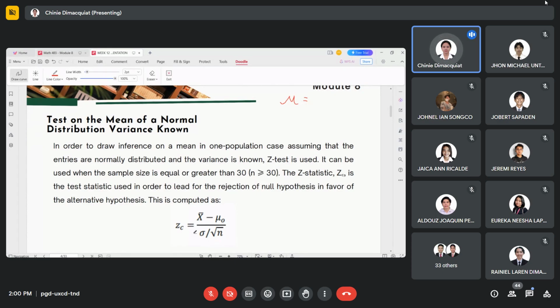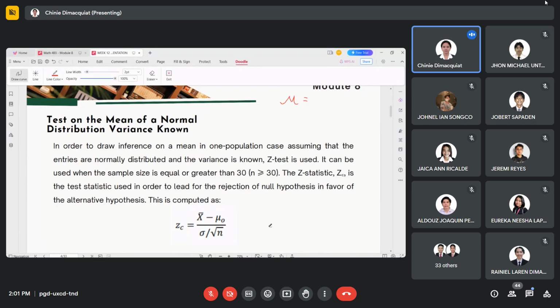Ito yung ating formula to get the value of z. So, ito naman ay na-encounter na natin sa mga last discussion. So, sample mean minus population mean divided by population standard deviation over square root of n. So, ito yung ating formula.